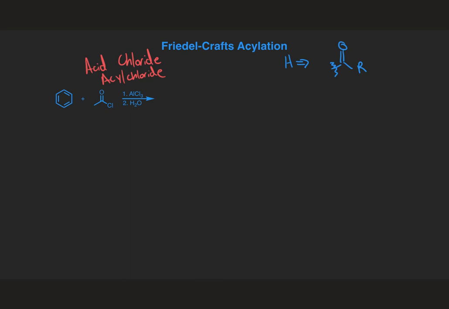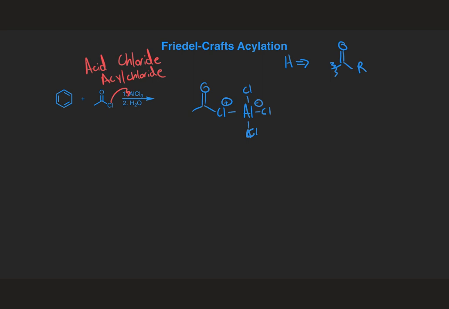And in this reaction, the first step, you guessed it, is to generate a strong electrophile. Aluminum trichloride is a Lewis acid and is going to help us generate a strong electrophile. This Cl is going to donate electrons to the aluminum and form this complex here, with a minus charge and a plus charge.